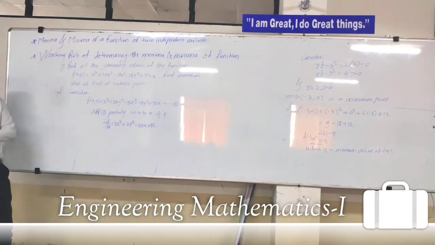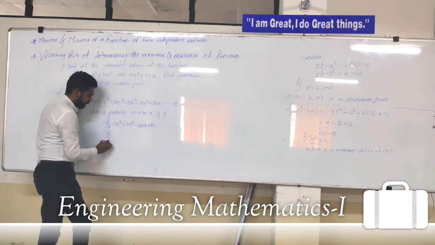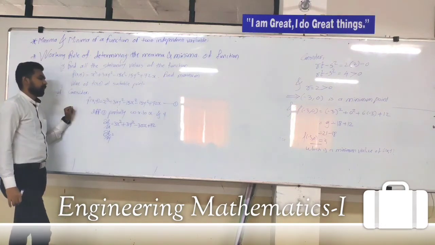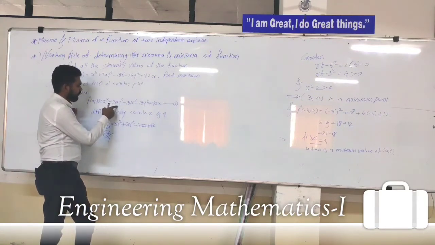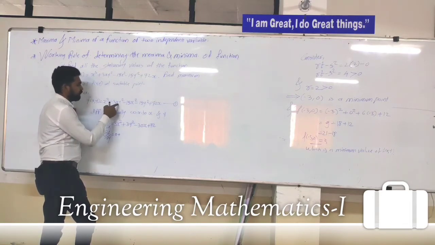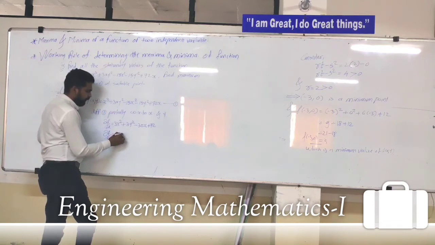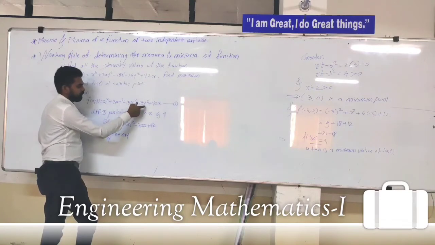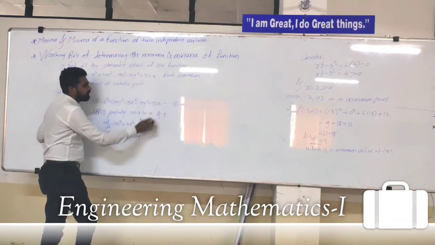Del f by del y is equal to, the derivative of x cube is 0 with respect to y, 3xy square, here 3x is a constant, derivative of y square is 2y, that is 6xy, minus 15x square is 0 here, minus 30y, and 72x is 0.